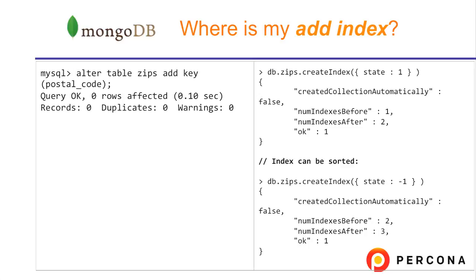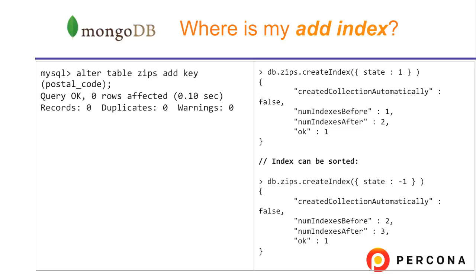Now, you probably have already noticed that the indexes can be sorted. If you specify right after the field name either 1 or -1, then if you specify 1, it will be similar to what MySQL is using.